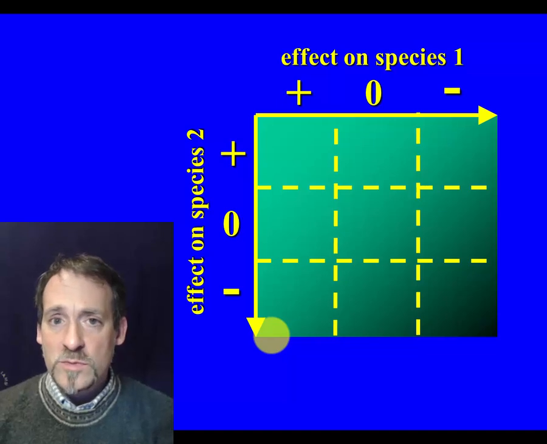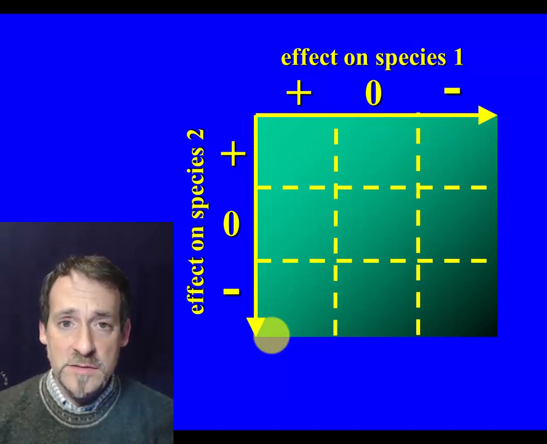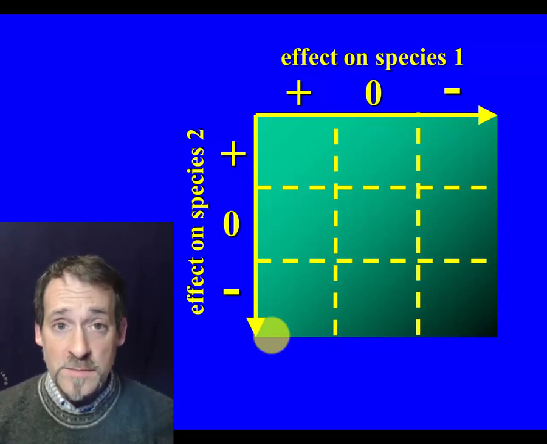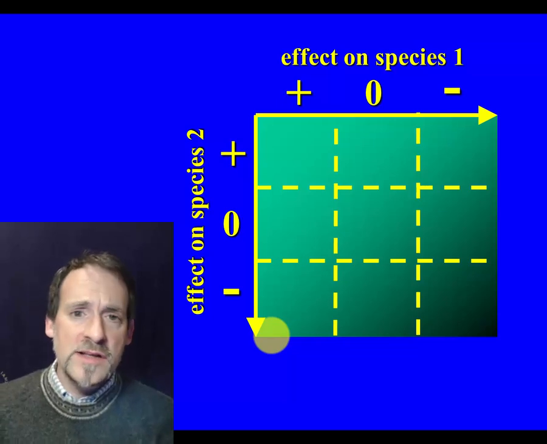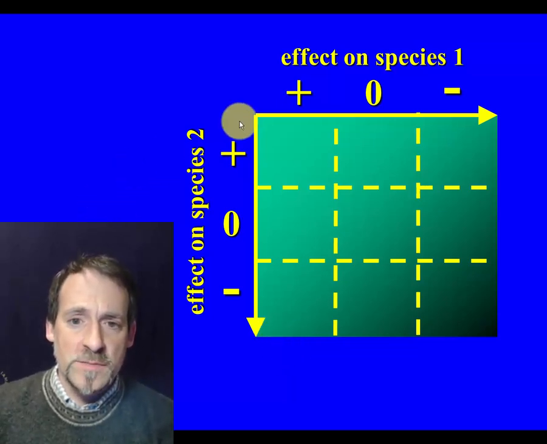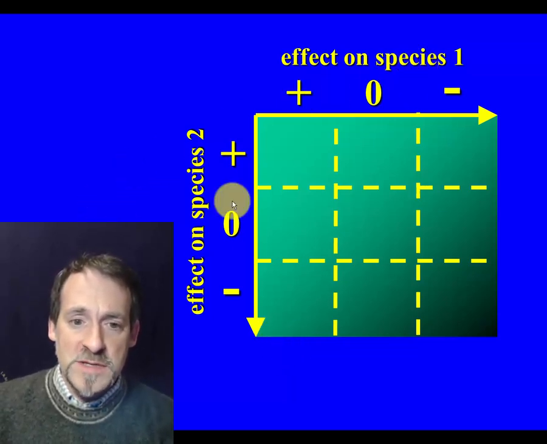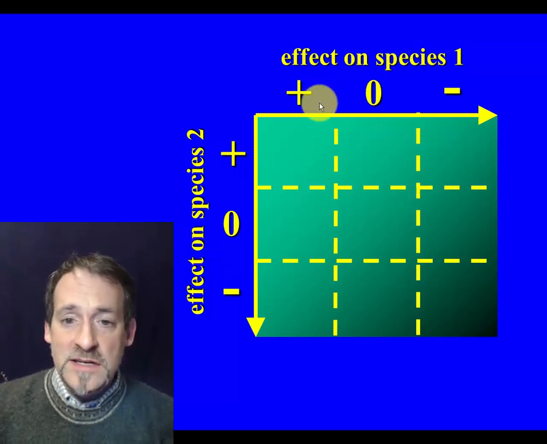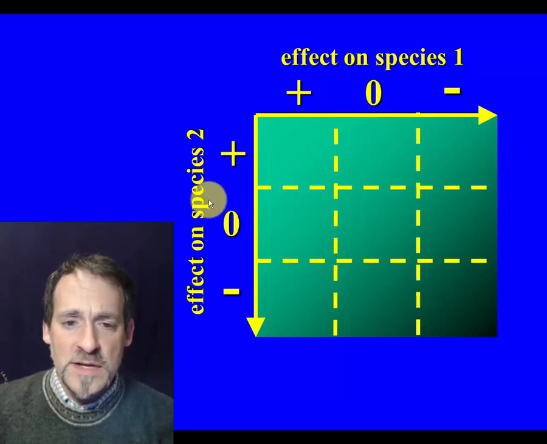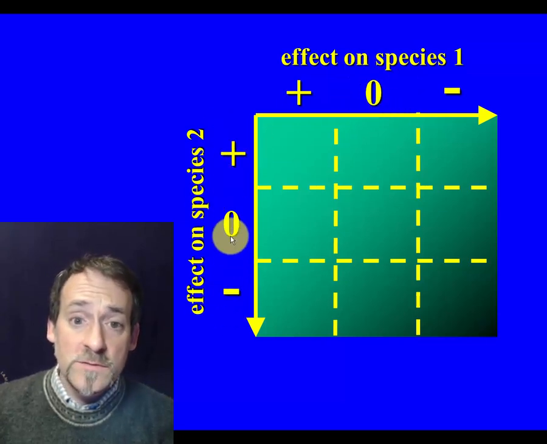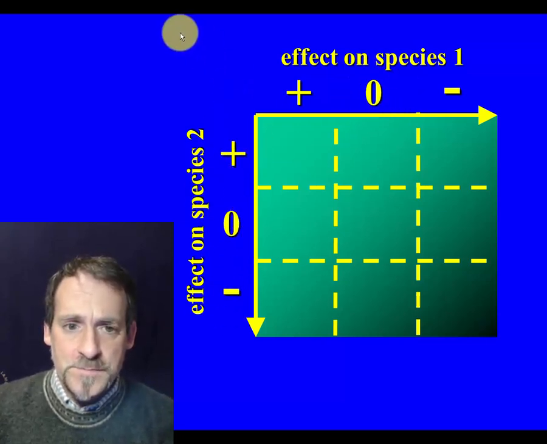It's possible, whenever two species interact, for that interaction to affect either one of them positively or negatively or not at all. And that's what's shown here in this chart. Whenever species 1 and species 2 interact, it may have a positive effect on species 1, may have a negative effect or not at all, and the same is true for species 2.